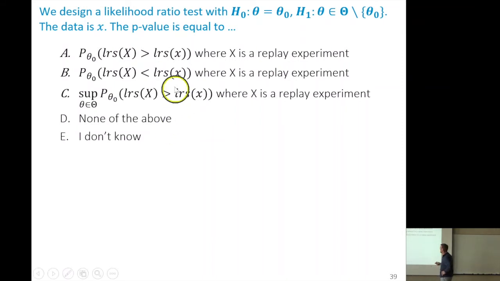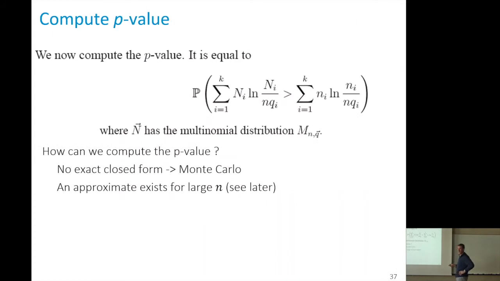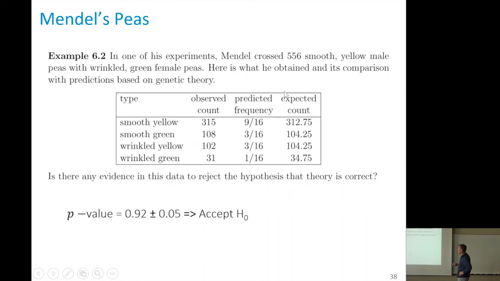So that's the generic thing. I have a test statistic, and the rejection region is T larger than something, so therefore I will compute the probability that we are larger than something, which is what we did here, right? Exactly. So that's something useful to remember.